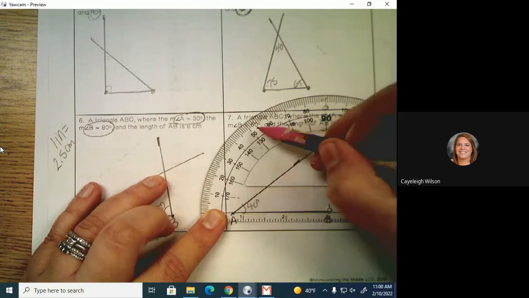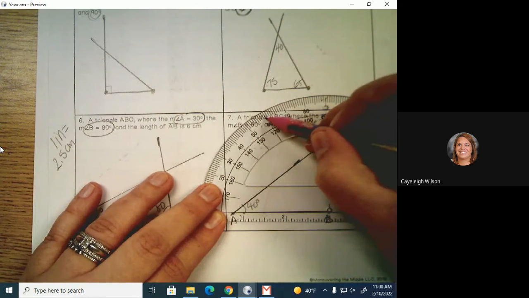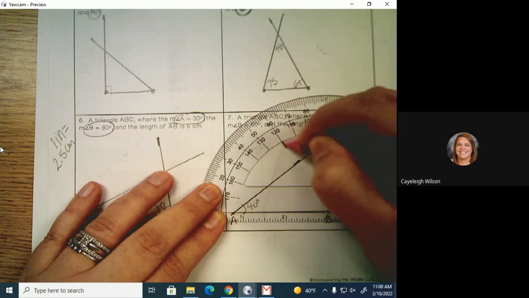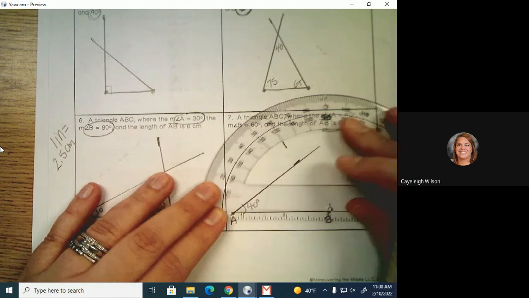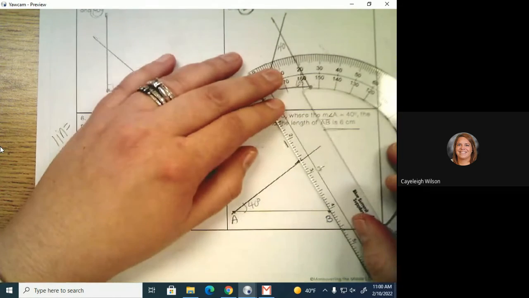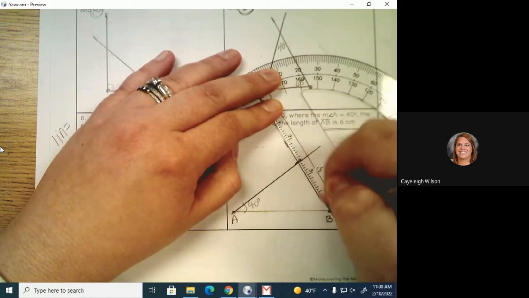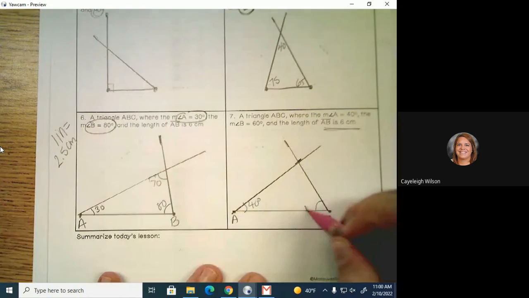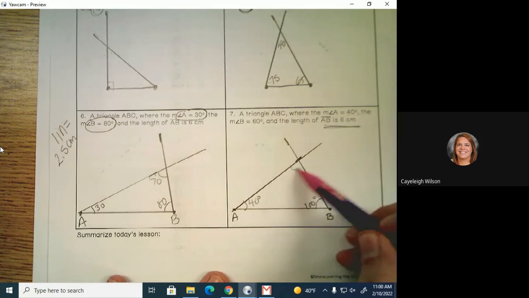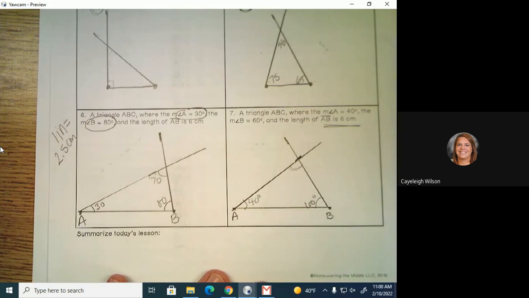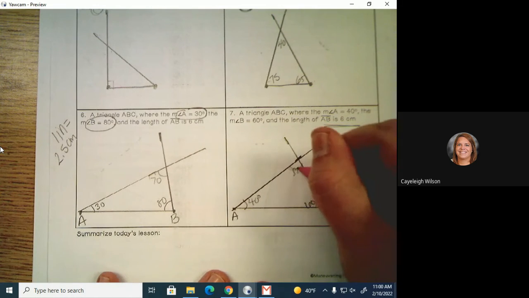So I measure at the top. So 60 is right here. And then I connect them. And that one's 60. Hey guys, what would that mean this one is? 80, because it's 180 degrees.